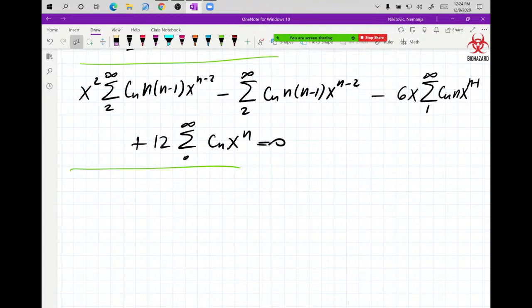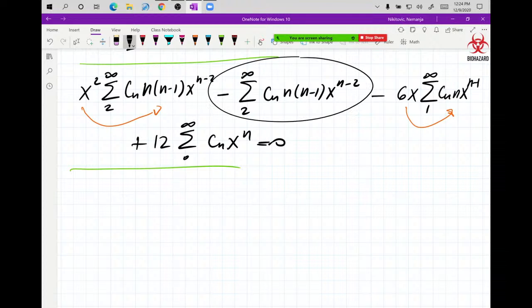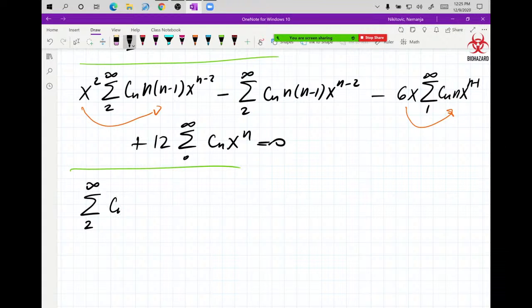All right, so now the x squared, I'm just going to do the orange thingy, is going to go in. The x is going to go in. So you have a summation 2 to infinity of Cn n (n minus 1) x to the n minus summation 2 to infinity Cn n (n minus 1) x to the n minus 2.